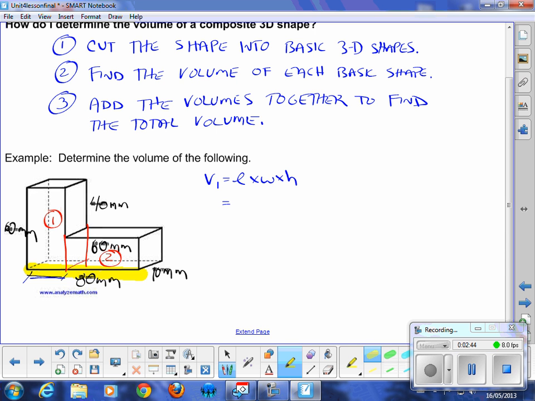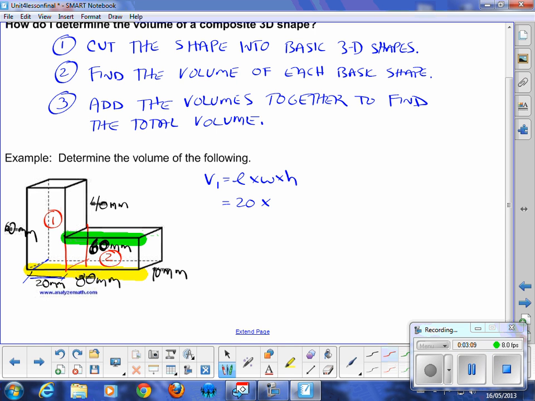We need to look at the other information given. I know the distance from here to here is 60. So that's 60, which means that if that's 60 and the yellow bar is 80, the missing length has to be 20. So we already hit a bit of a snag there, but we worked our way through it. So that length is 20.